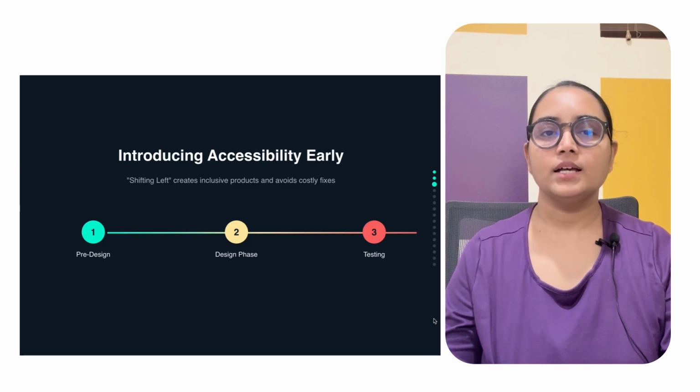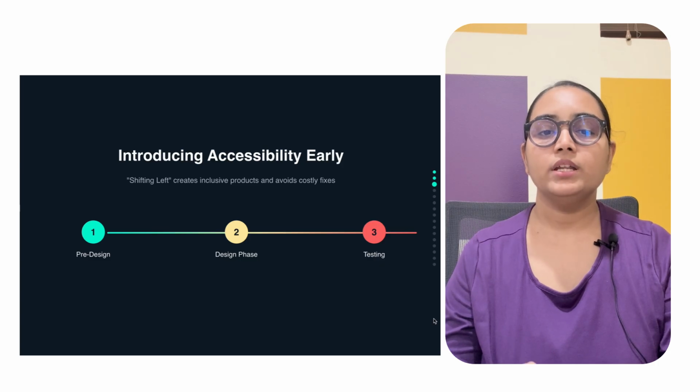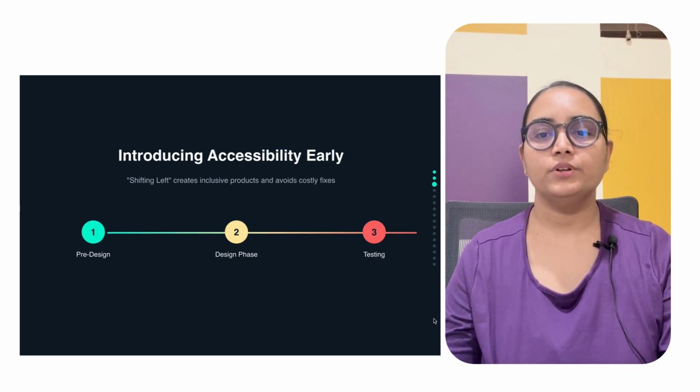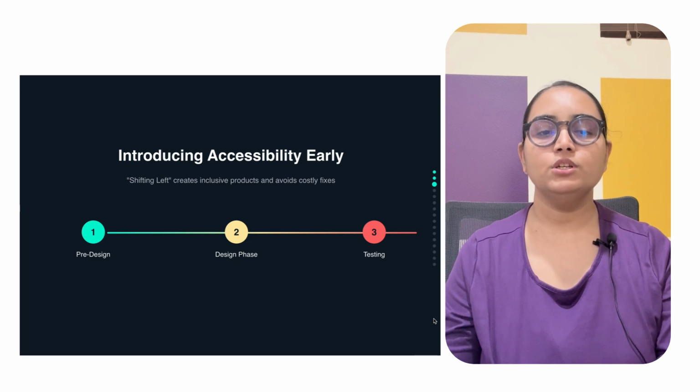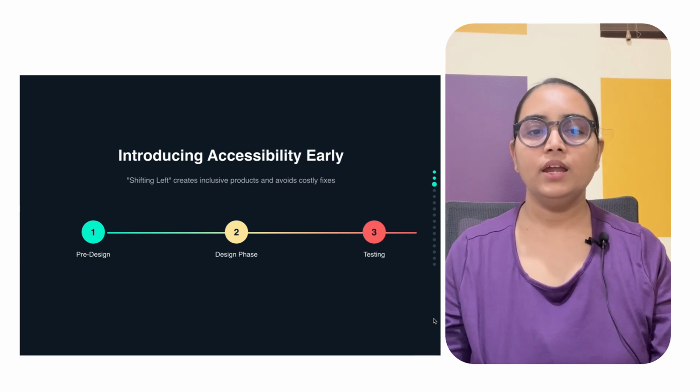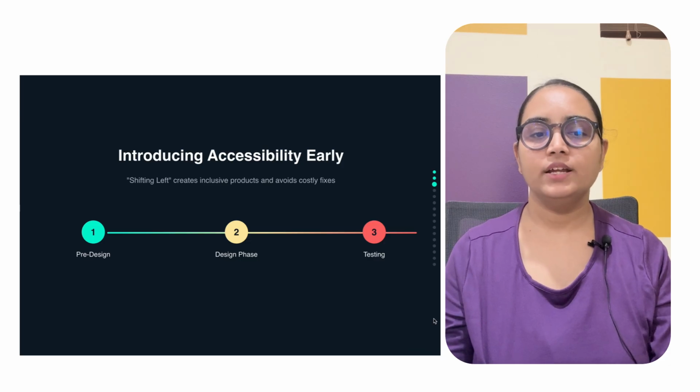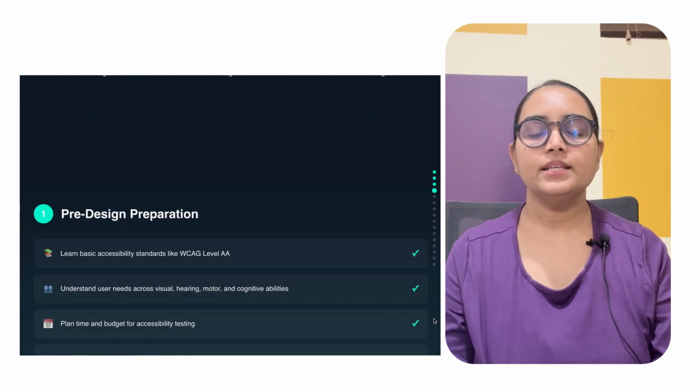How to introduce accessibility in the early design process. Bringing accessibility into the design process from the start, often called shifting left, helps create inclusive products and avoids costly fixes later. First, pre-design preparation.